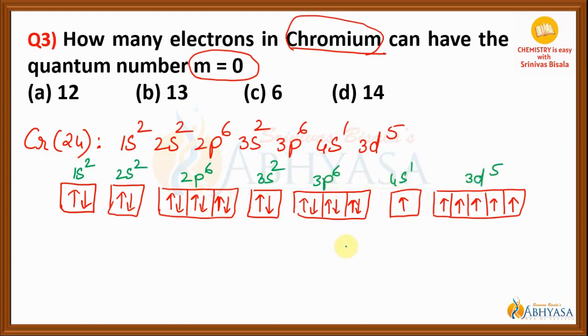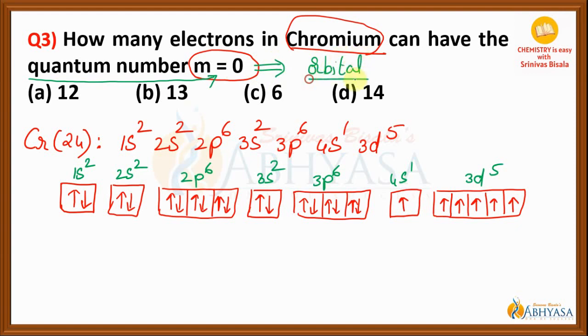Now what we need to find out from this one? We need to find out how many electrons are there in chromium with quantum number m equal to 0. And what is this m equal to 0 indicating? m equal to 0 is indicating a specific orbital.